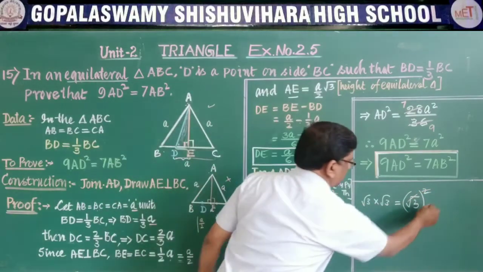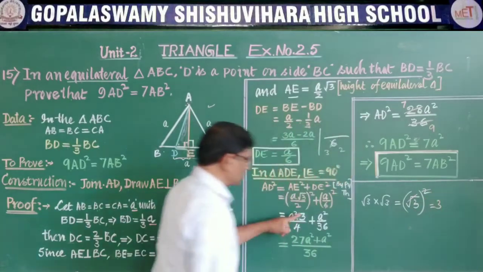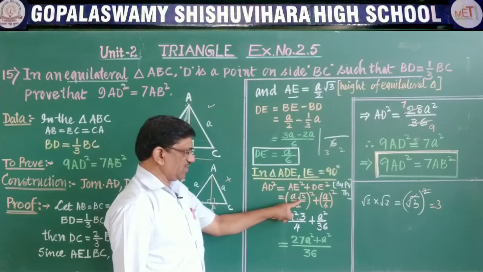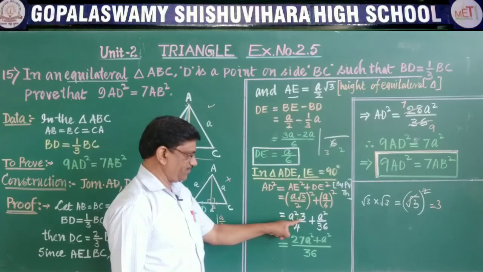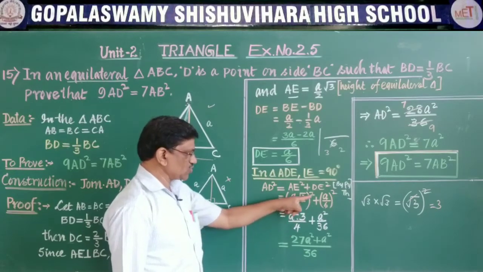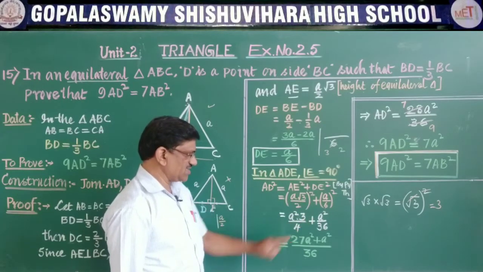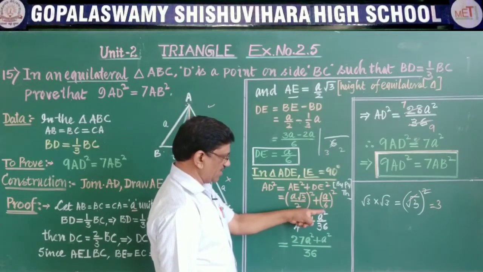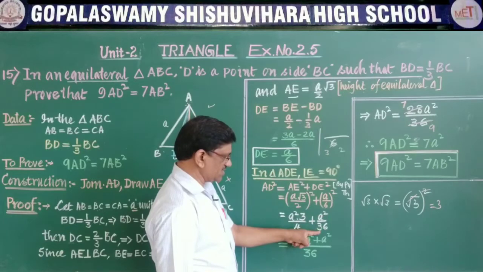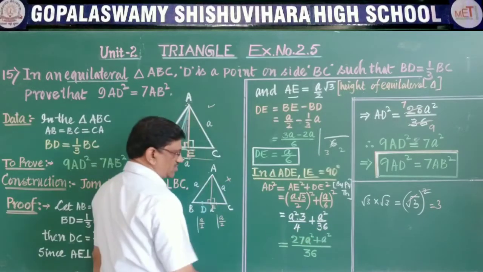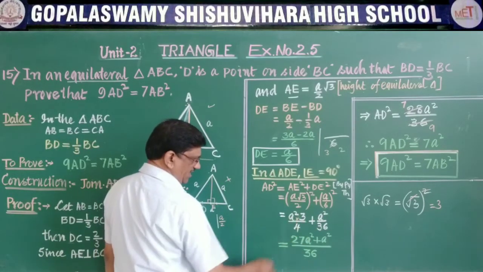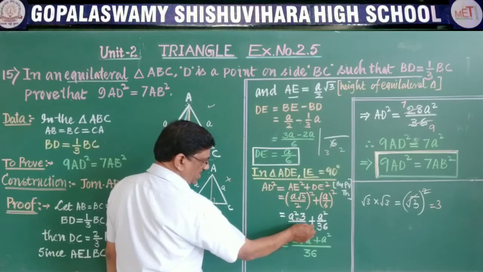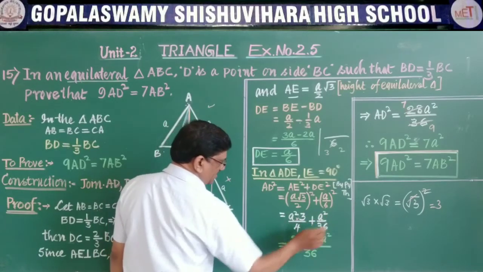What remains? That is nothing but 3. So root 3 whole square is 3, divided by 2 square, which is 4, plus A square divided by 6 square, which is 36. Now we got A square into 3 divided by 4 plus A square by 36.